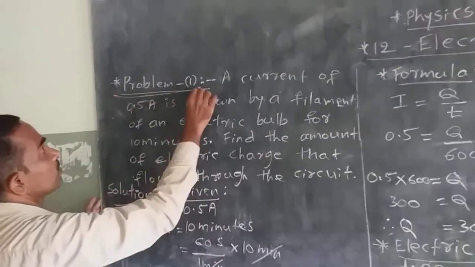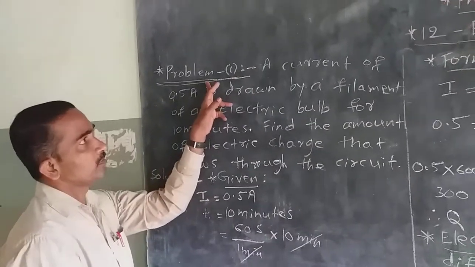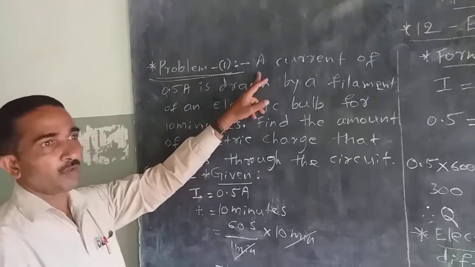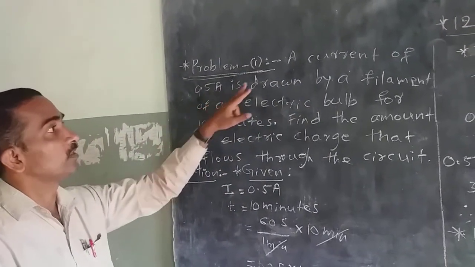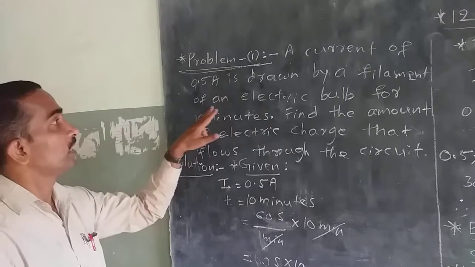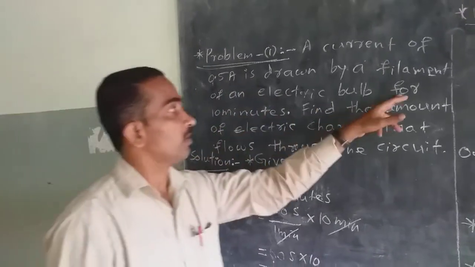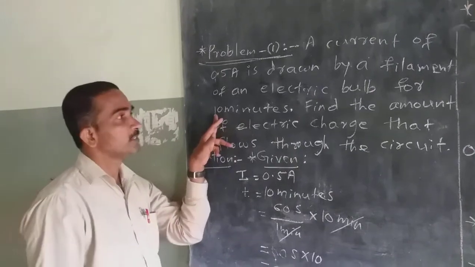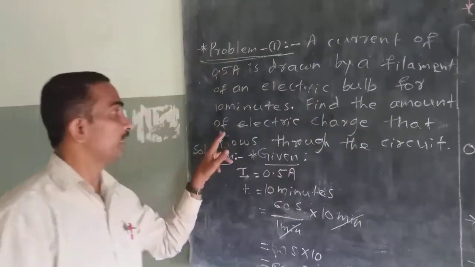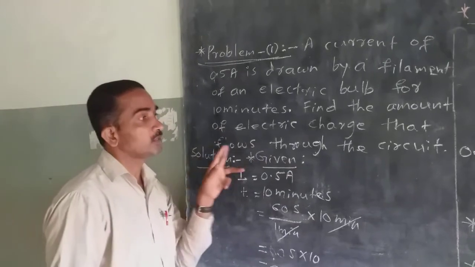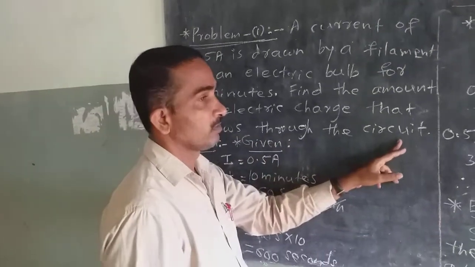See now, there is a problem number 1. I will read the problem. A current of 0.5 ampere is drawn by a filament of an electric bulb for 10 minutes. Find the amount of electric charge that flows through the circuit.